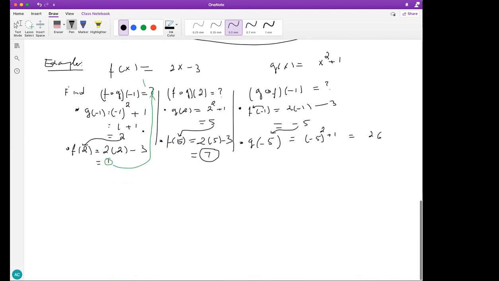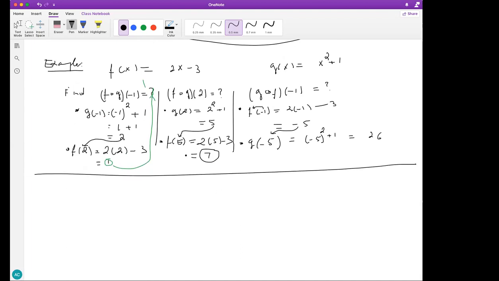And here, this is how we evaluate it. And again, don't confuse this with f times g, for example, of maybe, let's say, 3. If you see this, it's not composition, it's just a multiplication. What this means is f times g, and we plug 3 into that.